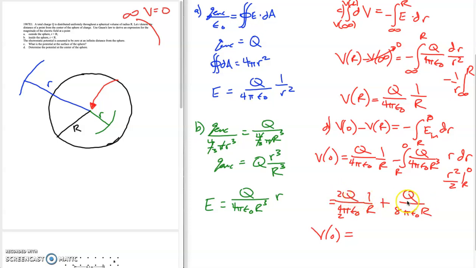So 2Q plus Q is going to be a 3Q. So that'll be 3Q over 8 pi epsilon naught R. Also, if you're curious, this R squared here, so big R squared, and then we're going to have an R cubed there, and they're going to cancel out and be left with just this R down here. That's where that came from. And this will get us the potential at the very center of the sphere.